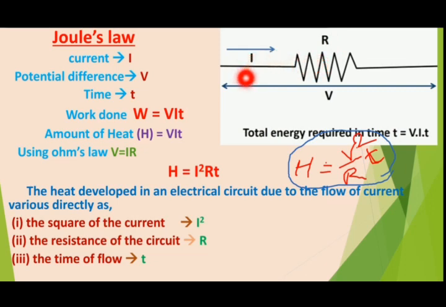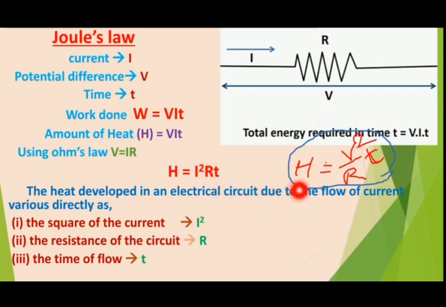Heat produced is directly proportional to the resistance for a given current. And heat produced is directly proportional to the time, for a given electric current. So this is a very important relation.